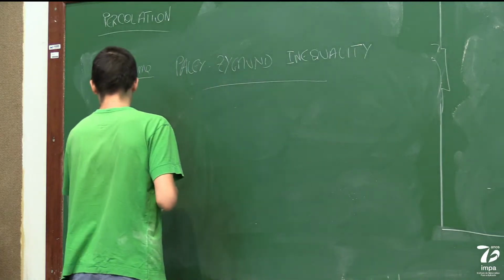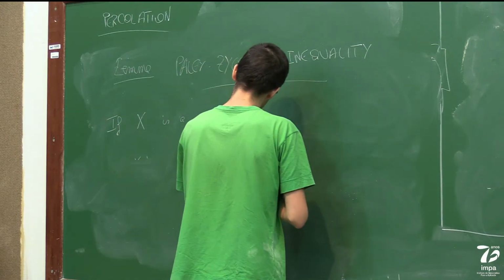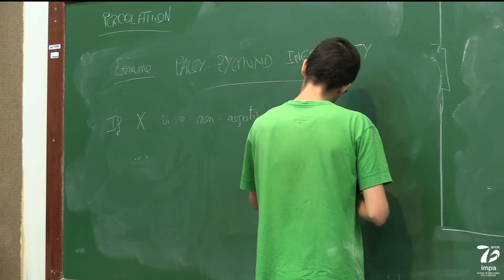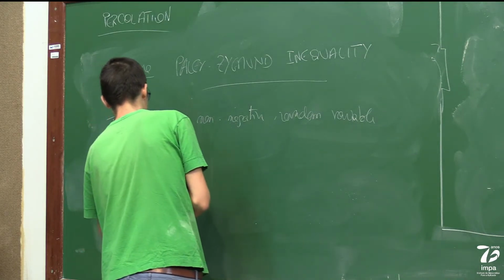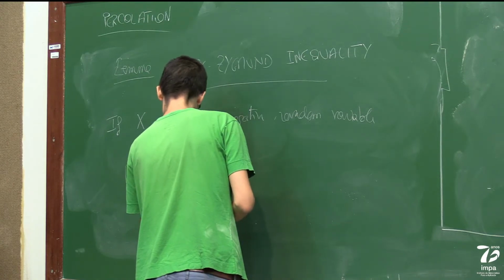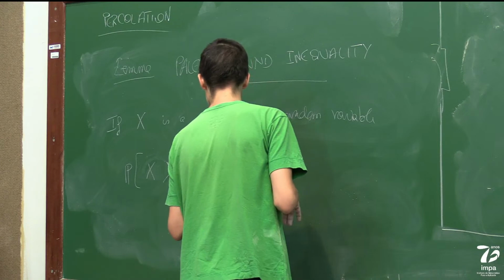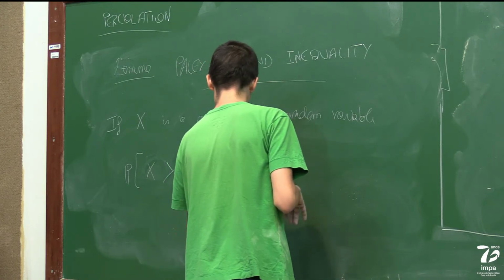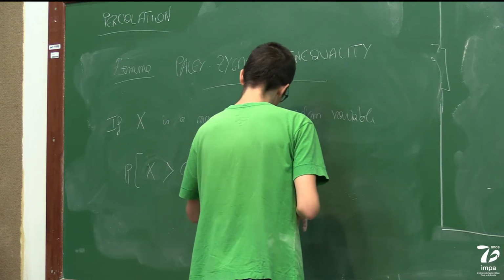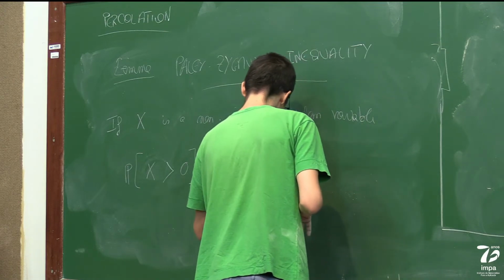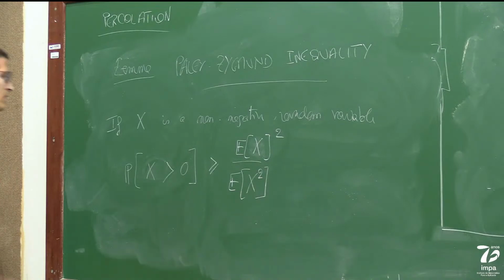So if x is a non-negative random variable, what we have is that the probability that x is larger than 0 is larger than the expectation of x, squared, divided by the expectation of x squared.